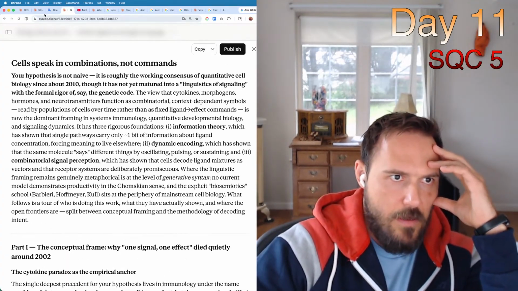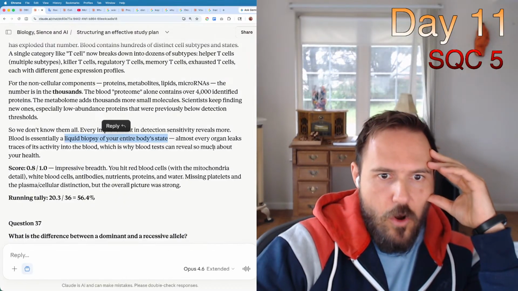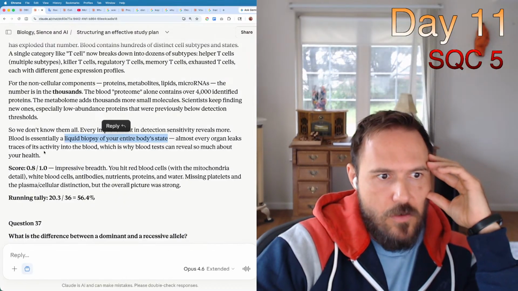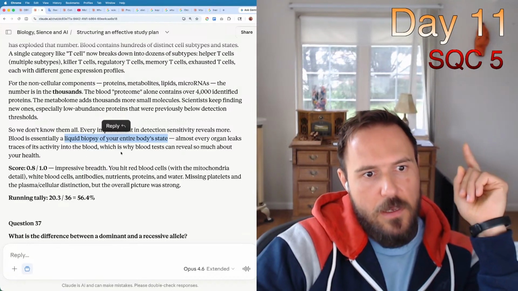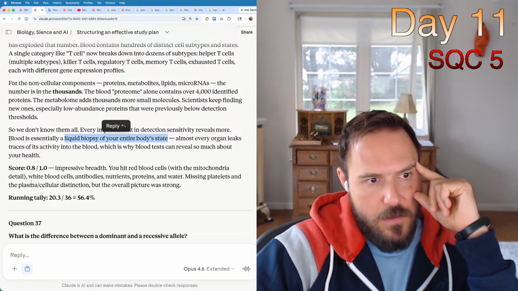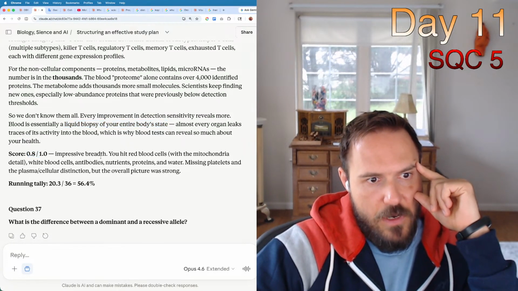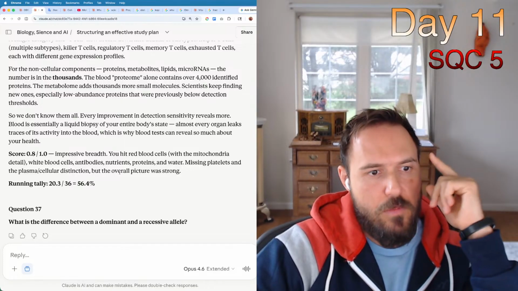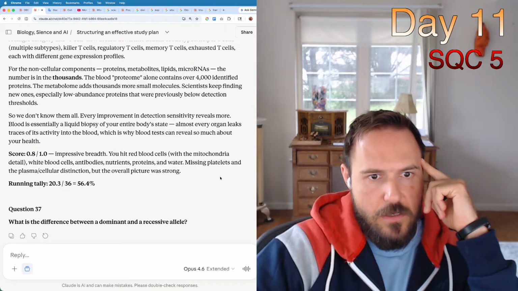What am I reading? Almost every organ leaks traces of its activity into the blood, which is why blood tests can reveal so much about your health. 8 out of 10. Impressive, Breads. You hit red blood cells with the mitochondria detail, white blood cells, antibodies, nutrition proteins, and water.